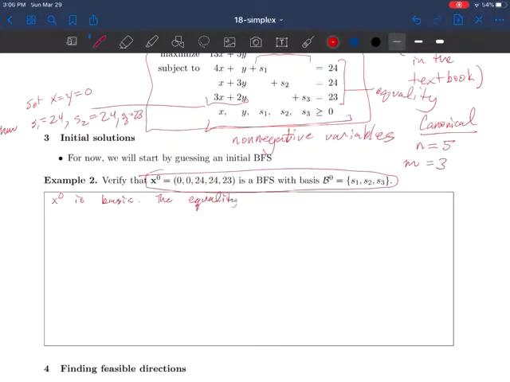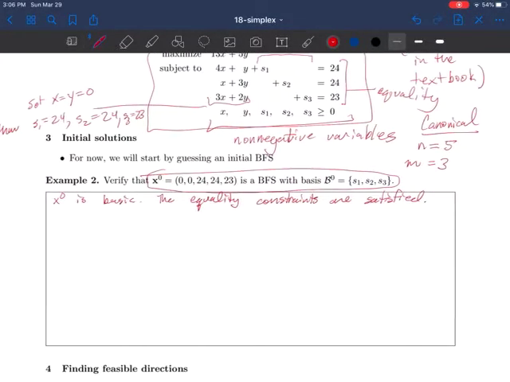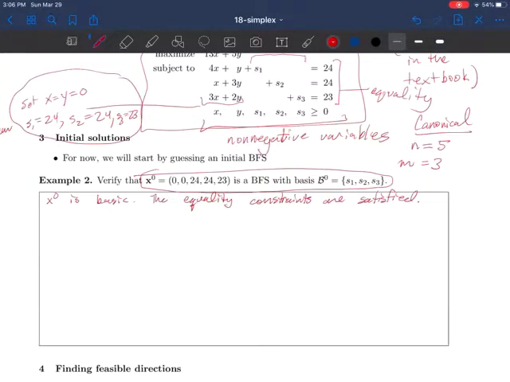I first note that the equality constraints are satisfied. That's what this bit just really verified.